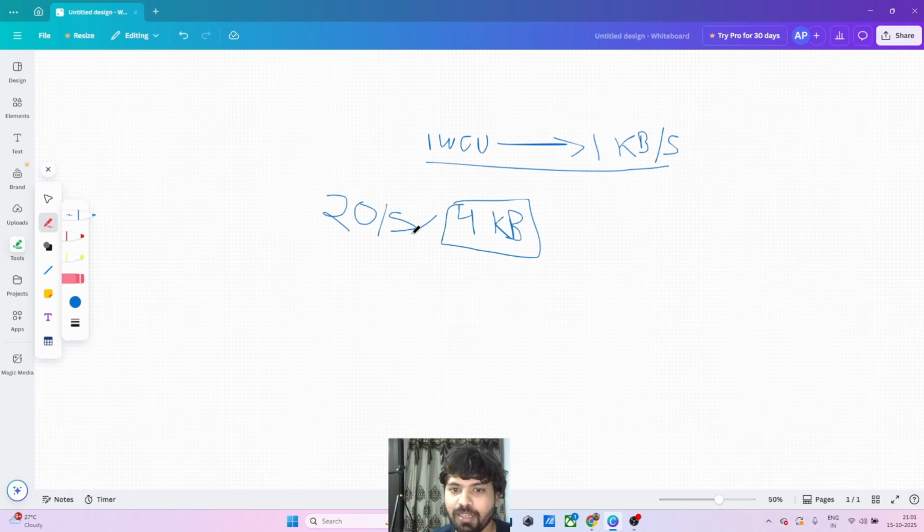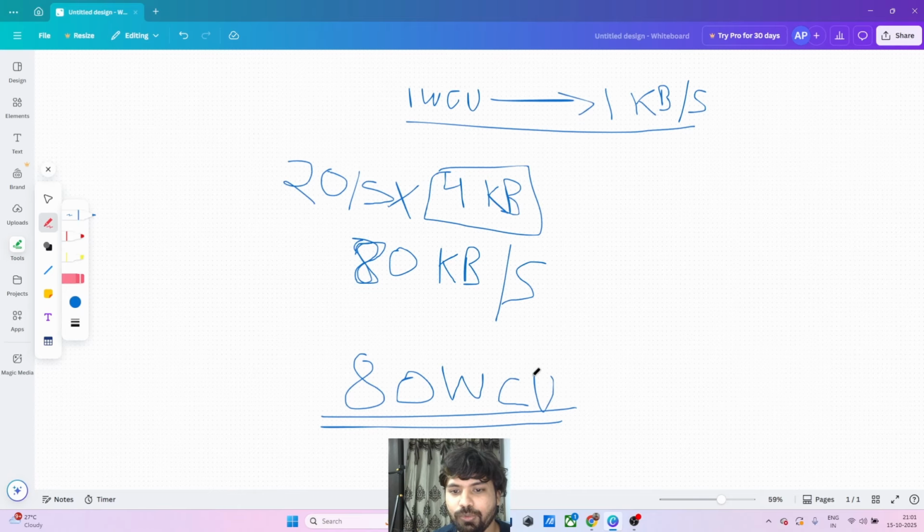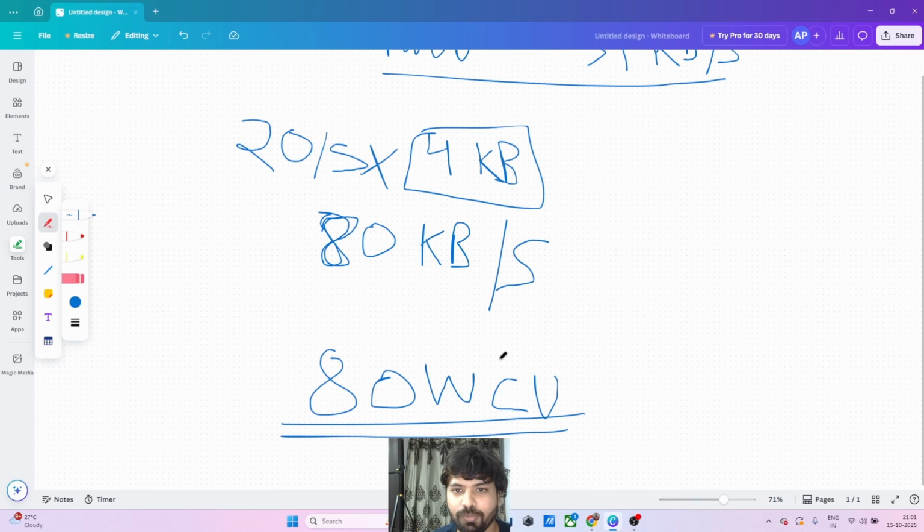We multiply: 20 into 4 is 80. So you are writing 80 KB per second. But one WCU can provide you only 1 KB per second of throughput, right? So how many WCUs will you require here? 80 WCUs. You will require 80 WCUs to do these operations properly.